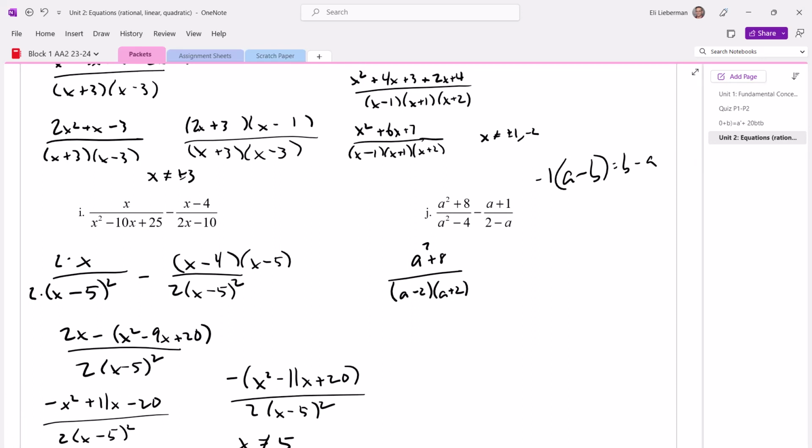So I'm going to multiply top and bottom of this by, well, let's see, where can I do this? Negative 1, negative 1. So I have, oh, this is ugly, negative a minus 1 over, now I have a minus 2. That was a little bit ugly, but that's okay.